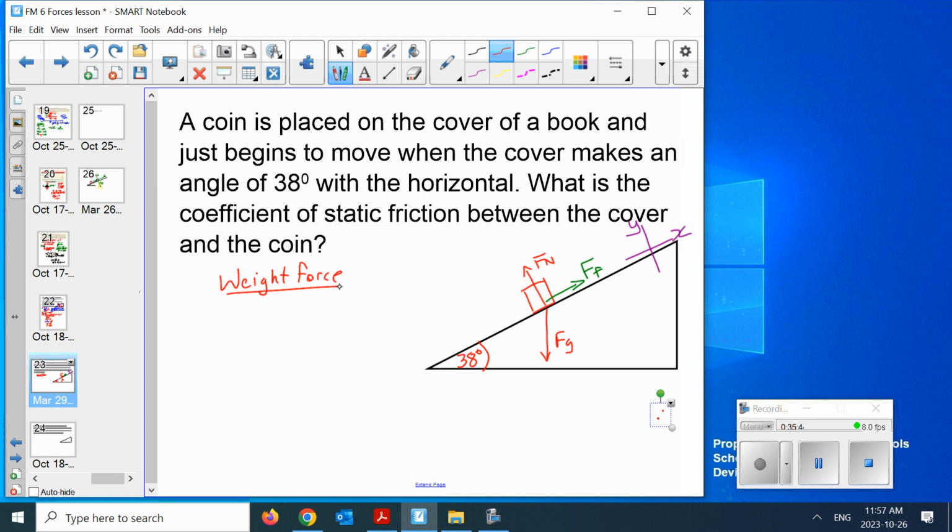Once again, FG is equal to... I didn't tell you everything, did I? Do I need it though? You don't always need every measurement. Well, kind of. This is why I'm going through.